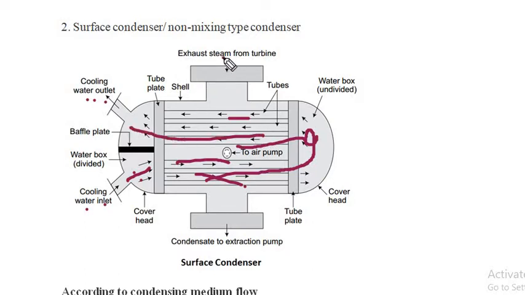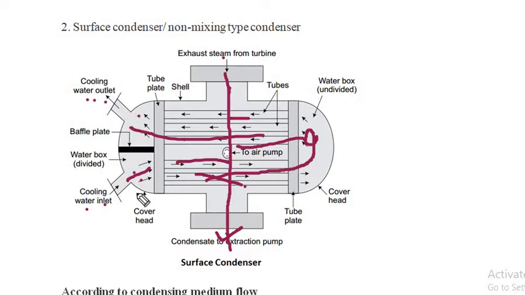The exhaust steam from the turbine enters the shell and passes over the tubes, and finally exits at this point. This is the exit chamber for the steam. When it flows over the tubes, heat exchange takes place.